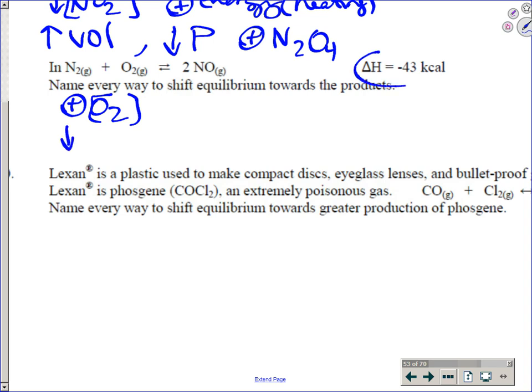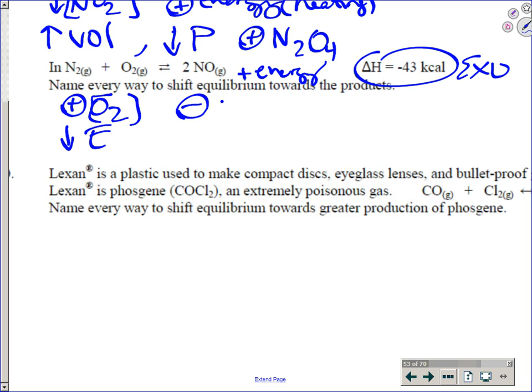So this one is exo, so that means that energy is essentially a product. So decreasing energy is a great idea. So remove, what's that product? Nitrogen what? Monoxide. Good.